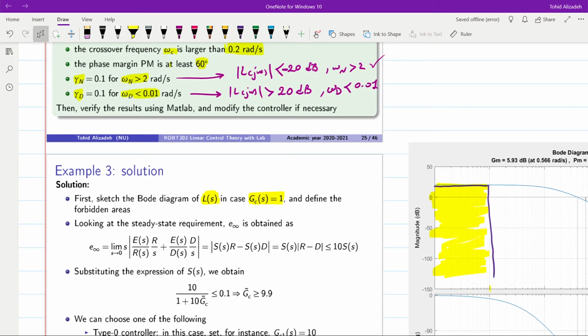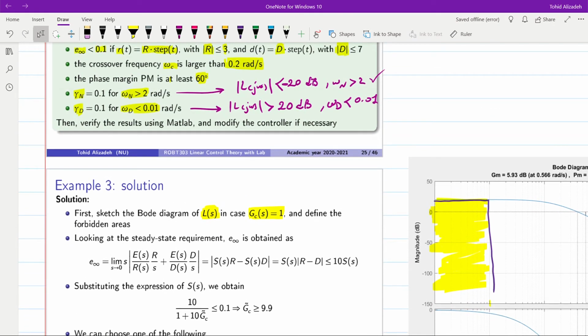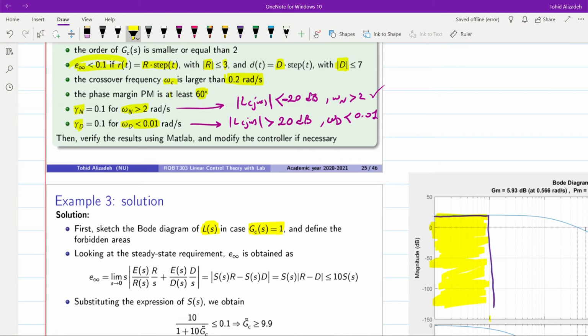Now, in terms of the steady state error requirement, we need to have error smaller than 0.1 while we have R and D in the given form. Steady state error, considering both the reference signal and the disturbance at the same time, using the superposition principle, could be obtained in this way.